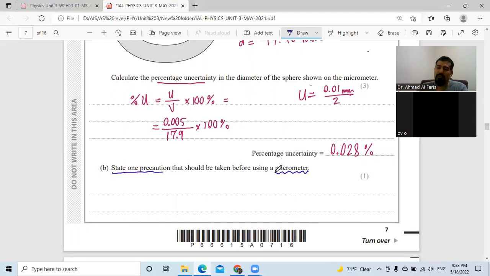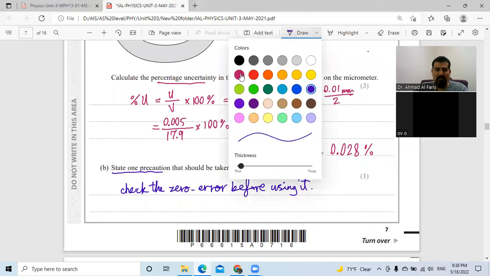If it's digital, I have to check that it's correct, that it's on the scale that we have to use, like the multimeter. We talked about that last time, and we are going to repeat it before the exam, inshallah. So check the zero error before using it. Good? Clear?